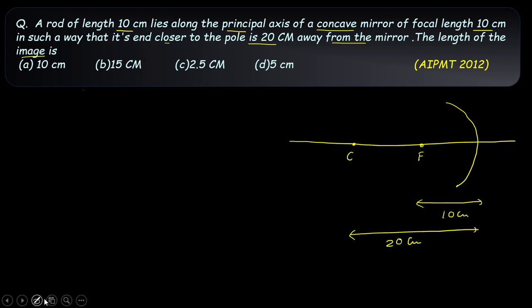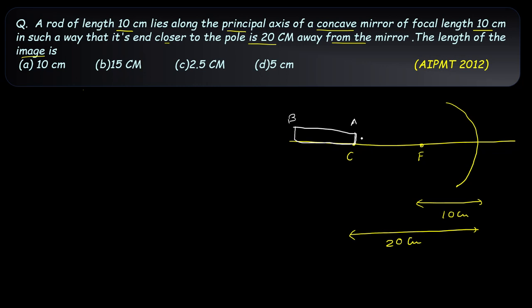Now the rod is placed in such a way that one end of the rod is at a distance 20 centimeter away from the mirror. Let's say this is one end, this is another end. The center of curvature is at 20 centimeter, and one end of the rod is also 20 centimeter from the mirror. Well, now you see, we have to find the length of this image.